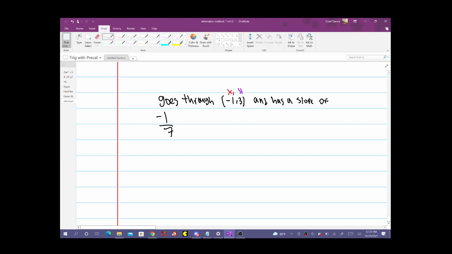Now y1 is 3. So y minus 3 equals negative 1/7 times x minus negative 1. This is how it is in point slope form.